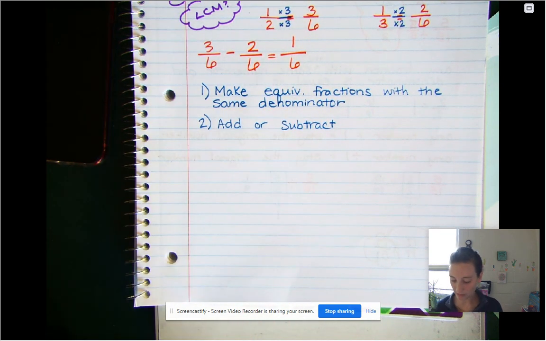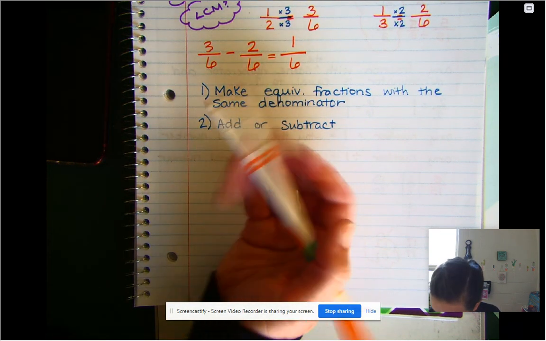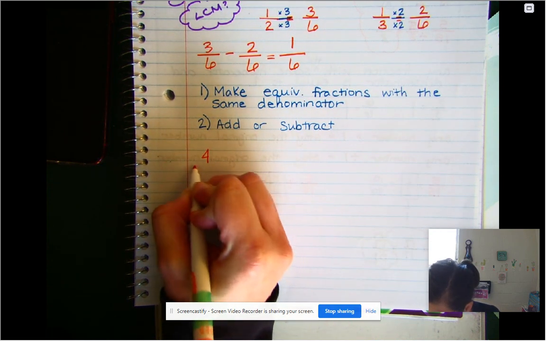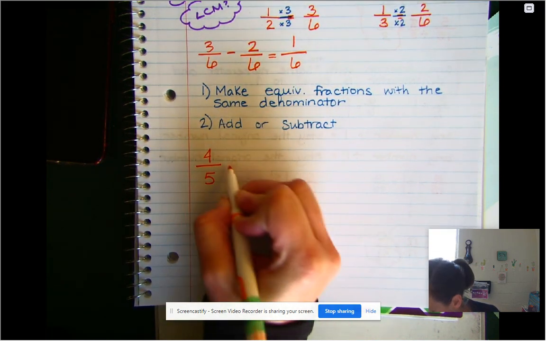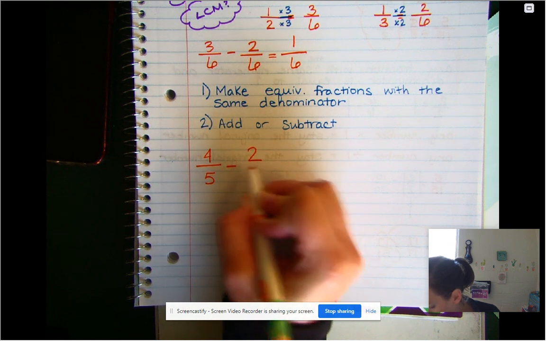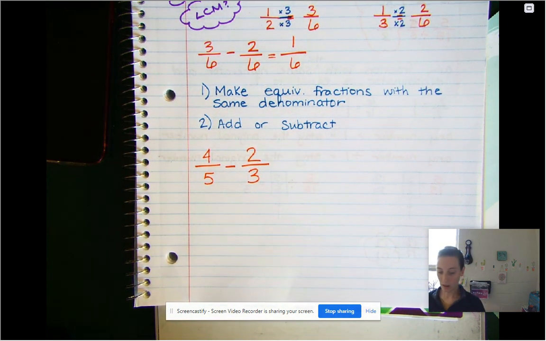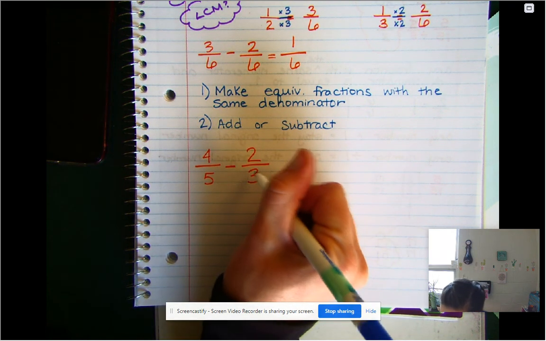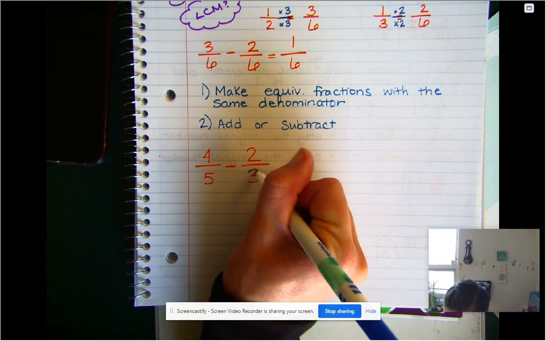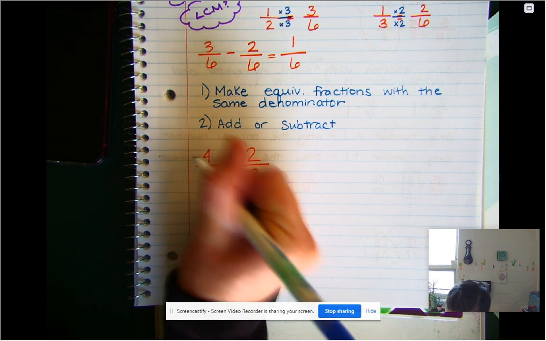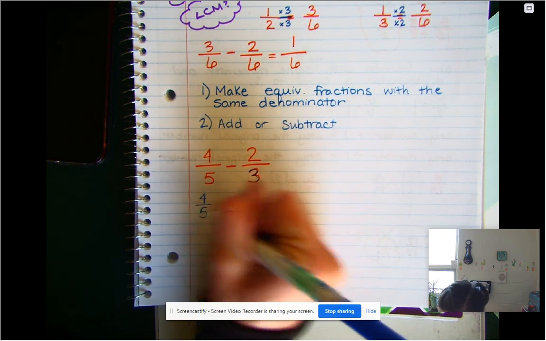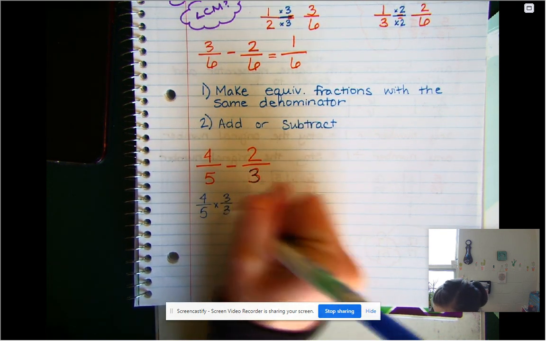So let's do a different problem. Let's do 4/5 minus 2/3. I would say, all right, I'm going to take this 3 and make that the number I multiply these two by. So I'm going to do 4/5 times 3/3.